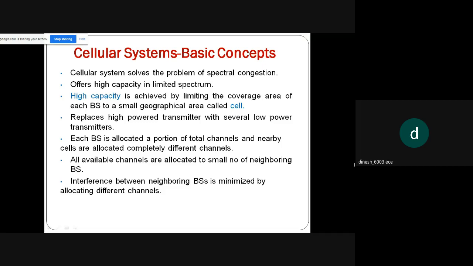So if there are, for example, 3 or 4 areas having some channels, only a part will be allocated to a base station. The remaining will be allocated different channels for the cells nearby.